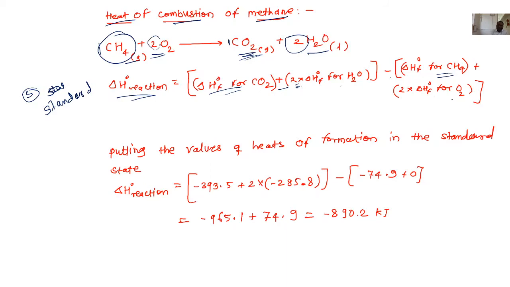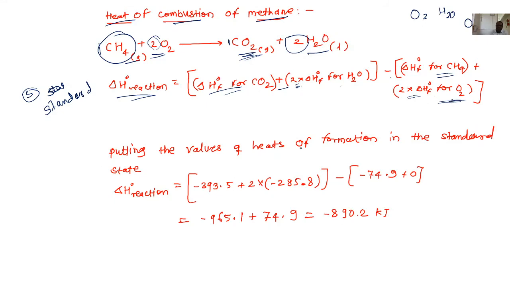Why 2? Since there are two molecules of oxygen. Remember, as I told you, for basic molecules like oxygen and hydrogen, delta H is taken as 0. Therefore, oxygen will have 0.